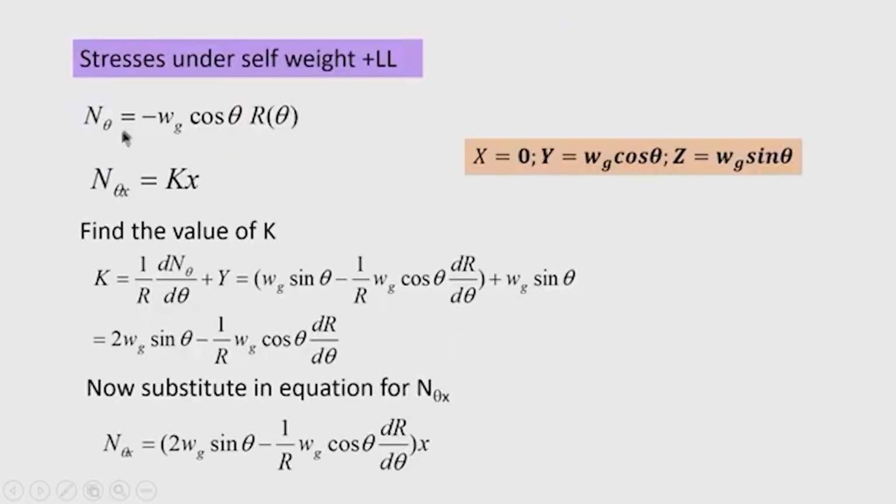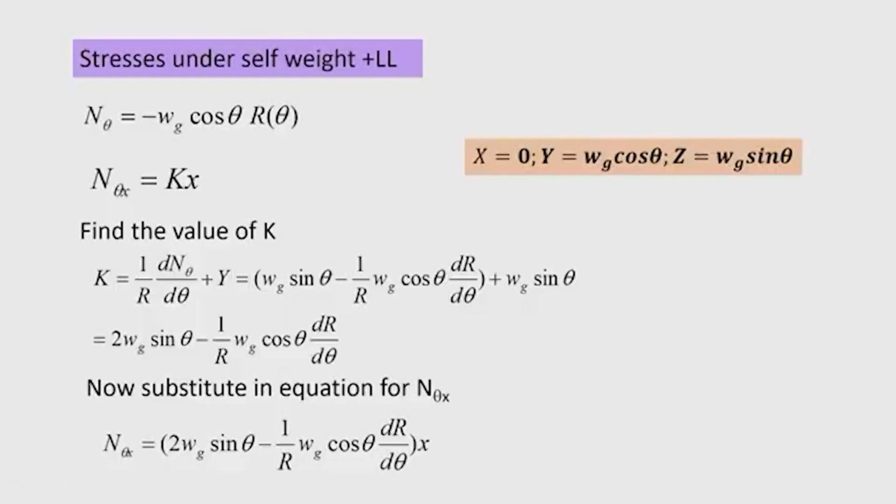So N theta is directly given by minus W g cos theta, because this is the component of the load along the radial direction, that is what is Z. Substituting Z here, r is a function of the angle theta. When we consider a circular cylindrical shell, r is a constant, so it does not vary with theta.